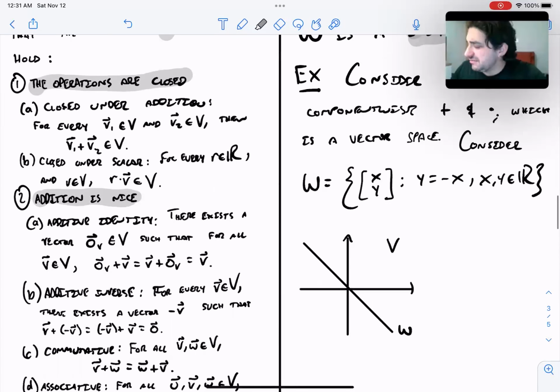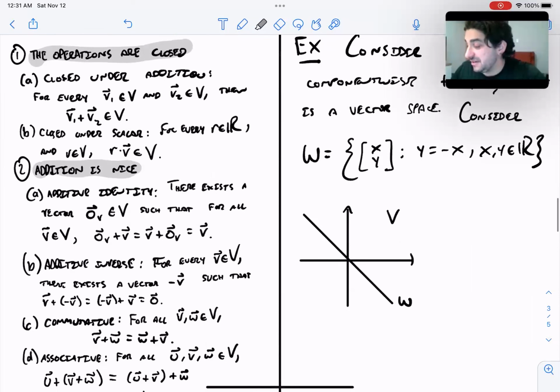So here's a perfectly good subspace, right? I'm going to let W be the set of all x comma y such that y equals negative x. Turns out this is a perfectly good subspace. We haven't proven this yet, but we'll demonstrate it in a second. You could write this as x comma y such that y equals negative x. That would be sort of a Cartesian equation for W, right? You also could write it this way.